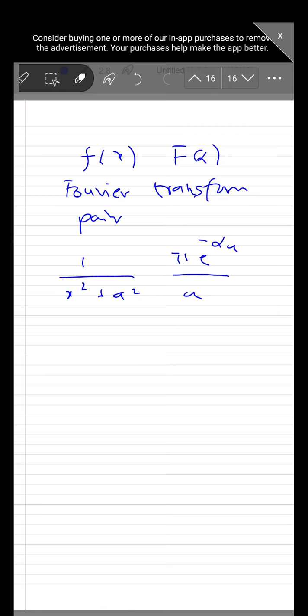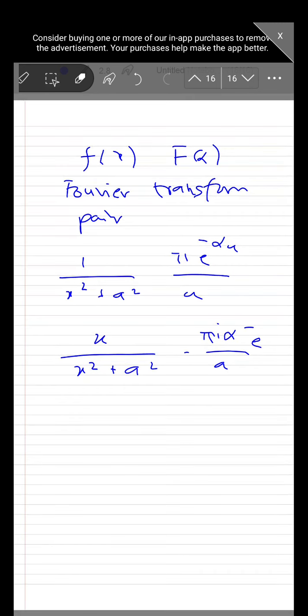If it is x divided by x square plus a square, then it will be minus i pi e to the power minus alpha a. And if it is 1 by x, it will be i pi by 2.